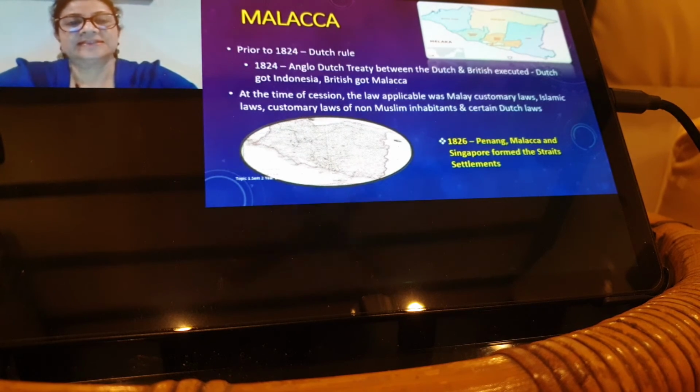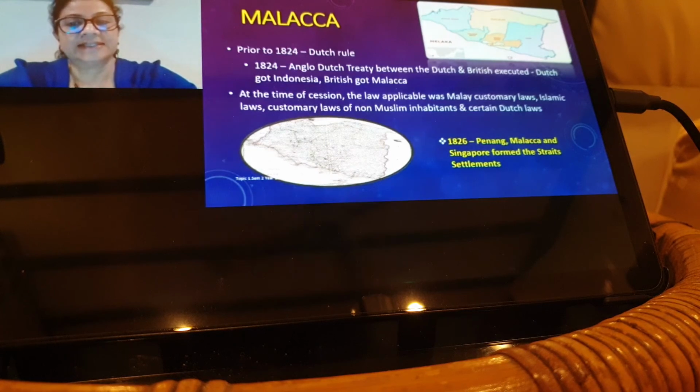Prior to 1824, the Anglo-Dutch treaty between Dutch and British was executed. So there was like a barter trade where the Dutch took over Indonesia and British took over Malacca.